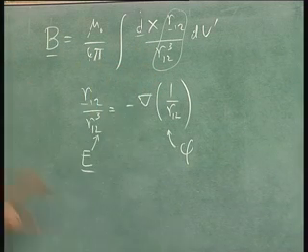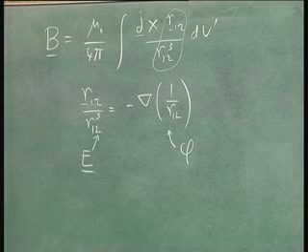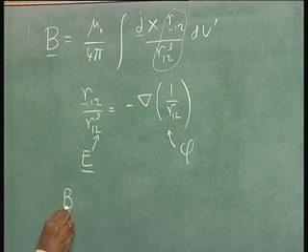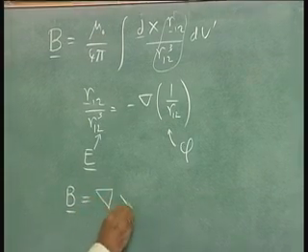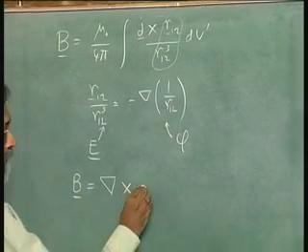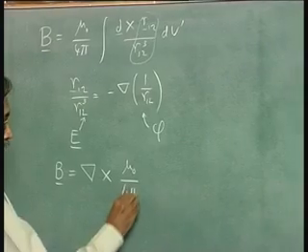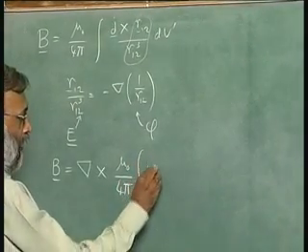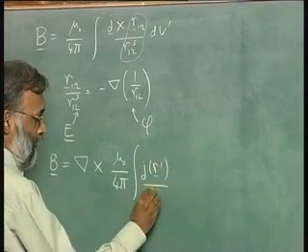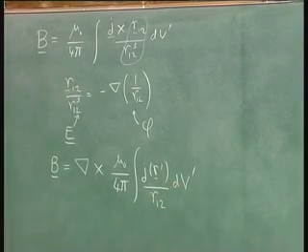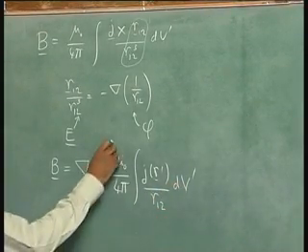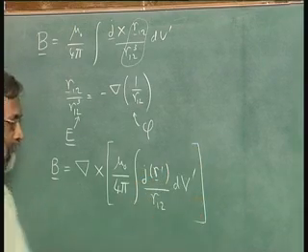You take this, you put it in there and you come up with a new result, a new operator: that B is the curl of something else.